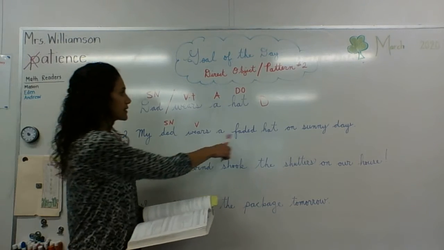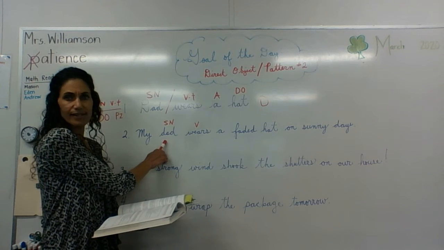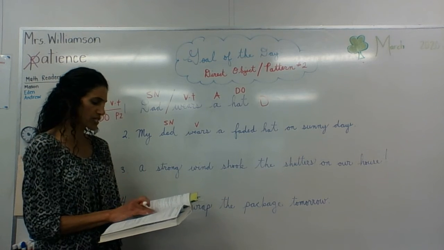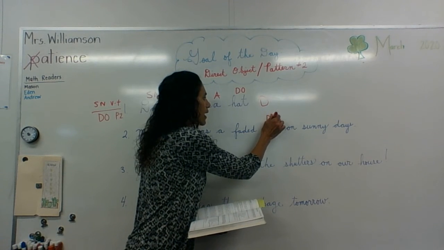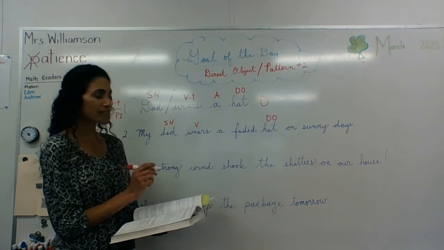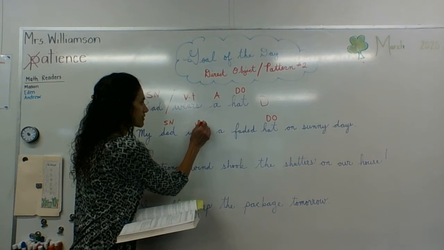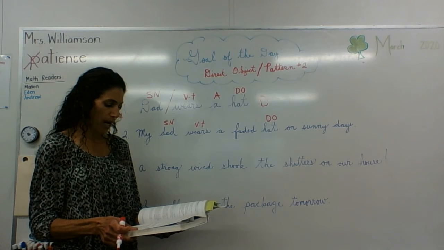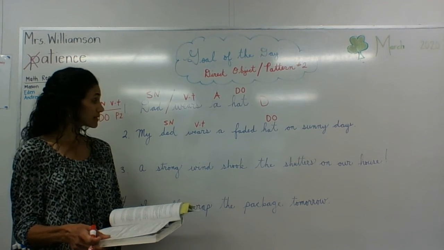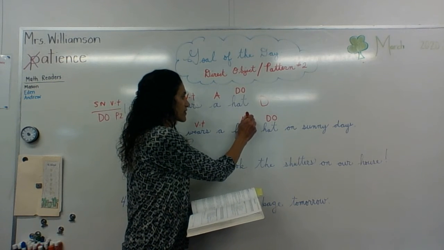Is hat the same thing as Dad? No, of course not. So it is our direct object. Go back to the verb, change it to verb transitive, and we'll continue on. What kind of hat? Faded. Adjective.